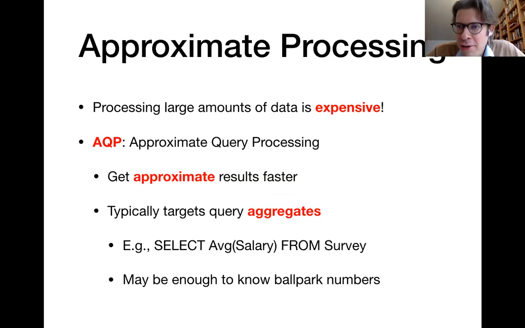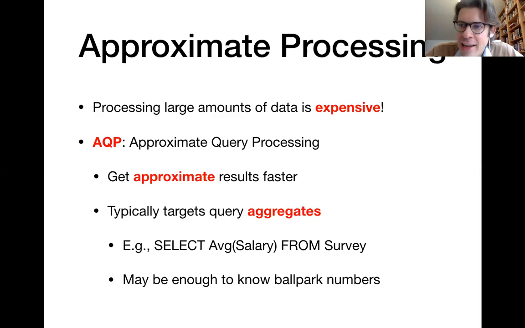So in general, here we are dealing with scenarios where processing our entire data is too expensive. So instead of doing that, we rather want to work with a subset of the data in order to get some approximate results faster. And the focus of that work is typically queries with aggregates, like the one that you see here.